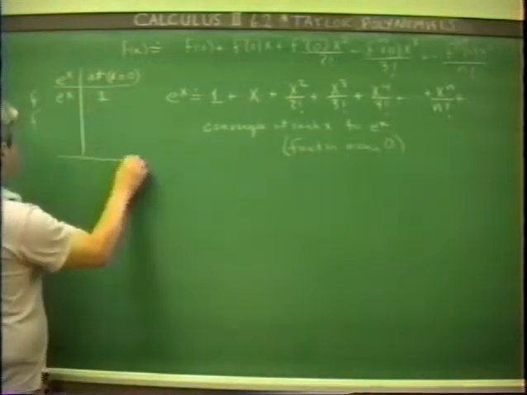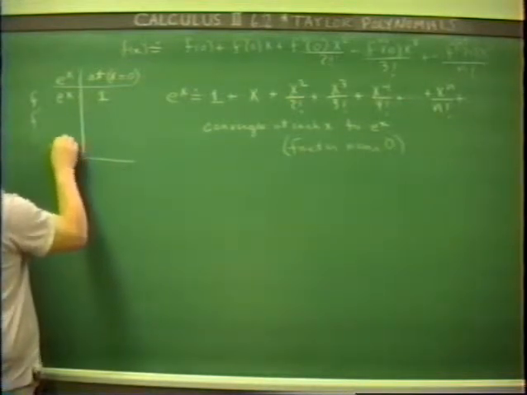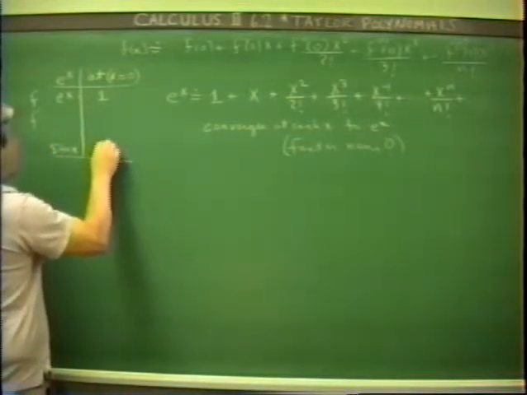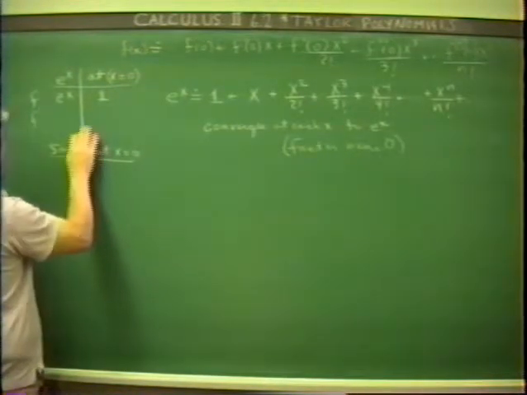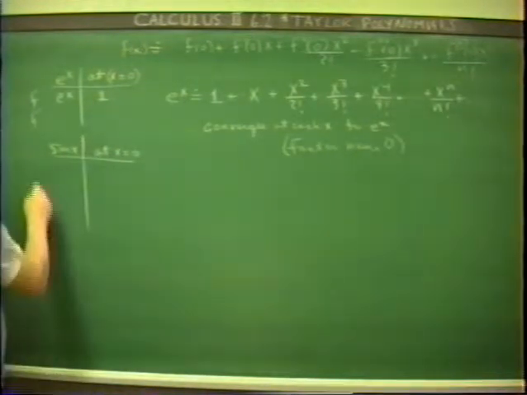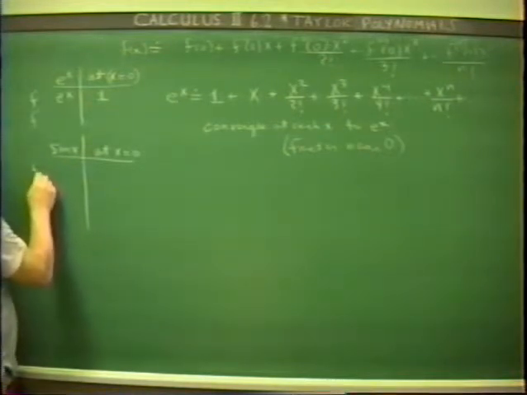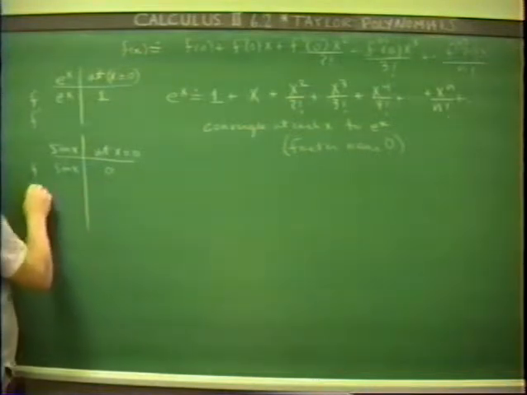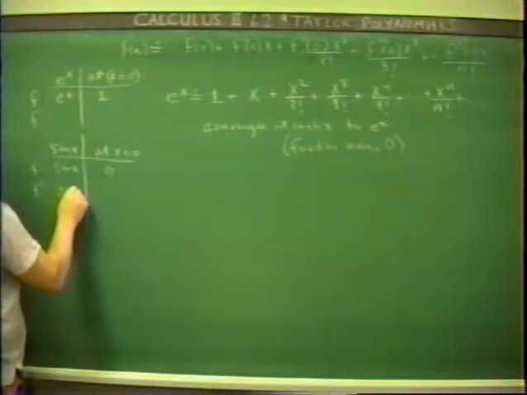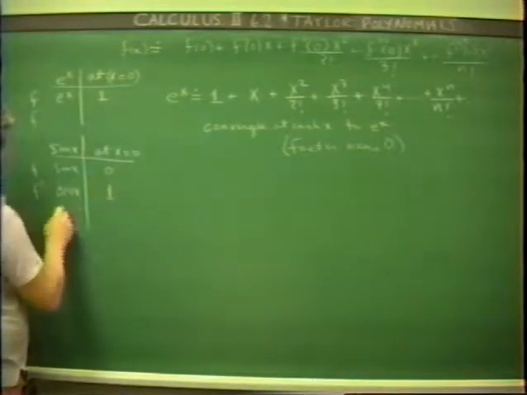All right, let's look at another function here. In this case, let's look at sine x at x equals 0. Right. And now what we want is f. This is sine x. And at 0, it's 0. The derivative is cosine x.